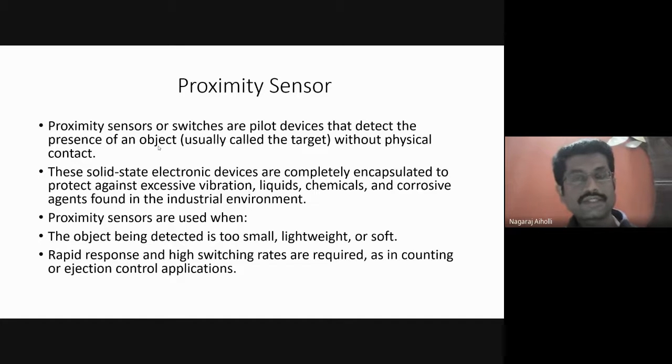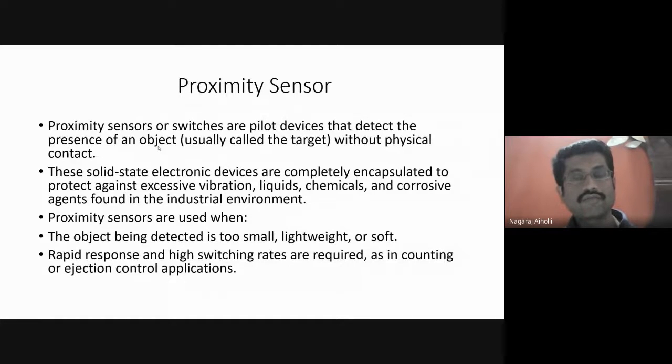Okay, so this is the function of the proximity sensor, that it continuously switches while functioning, and it is able to respond faster for the detection of the objects, as in counting or ejection control applications.